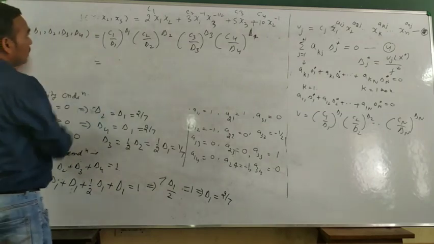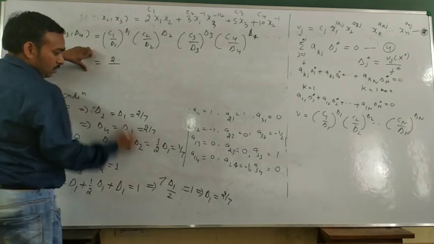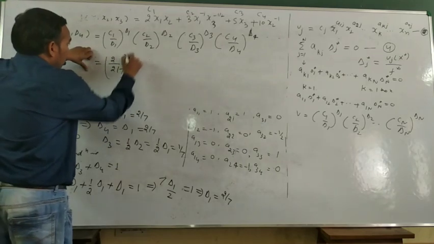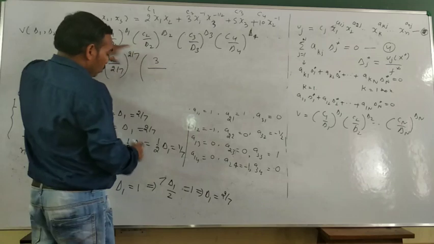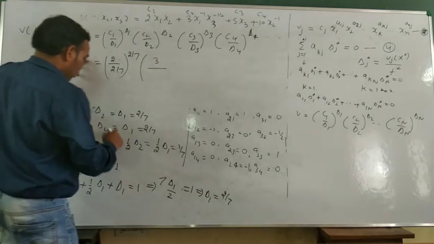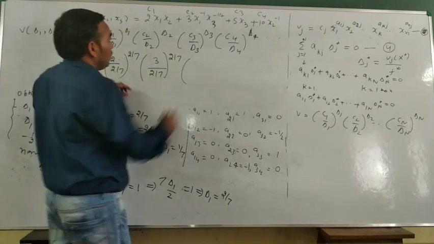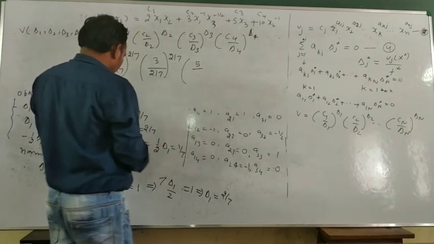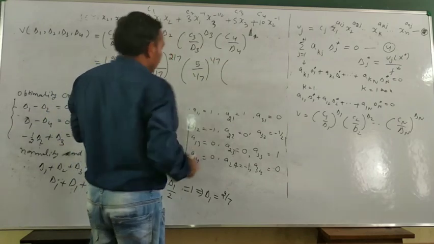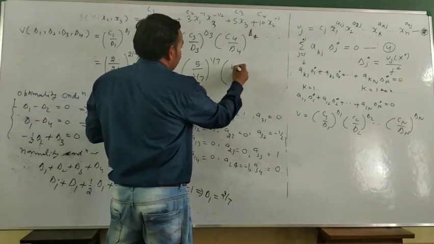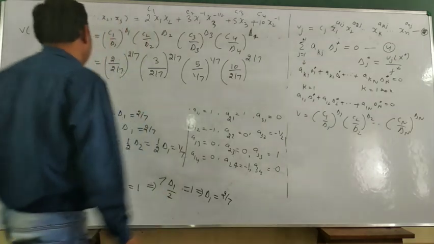Now put the values here. You see c1 equals 2 and del 1 is 2 upon 7, to the power 2 upon 7, and c2 equals 3 and del 2 is 2 upon 7 to the power 2 upon 7, and c3 is 5 and del 3 is 1 upon 7 to the power 1 upon 7, and c4 is 10 upon 2 upon 7 to the power 2 upon 7.